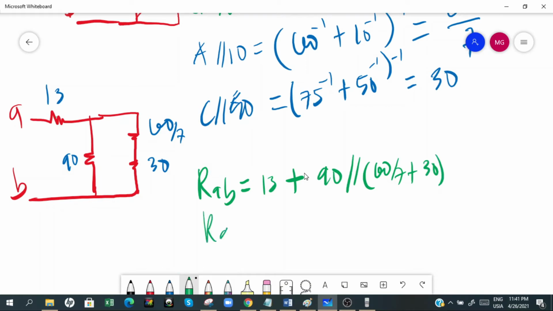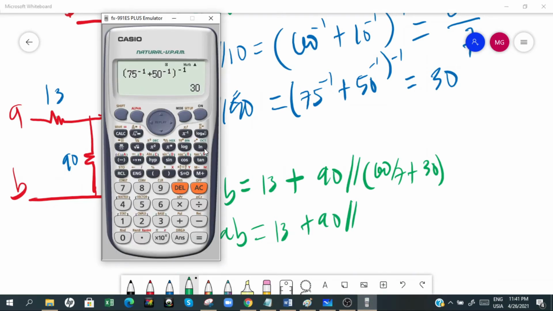You have 13 plus 90 parallel, 60 over 7 plus 30, so using your calculator, you have 270 over 7.